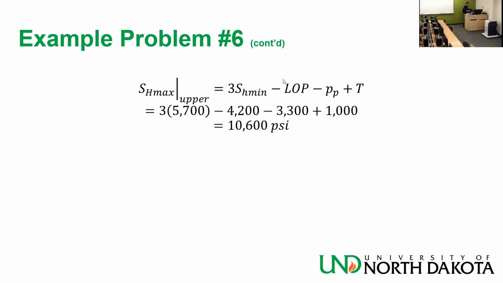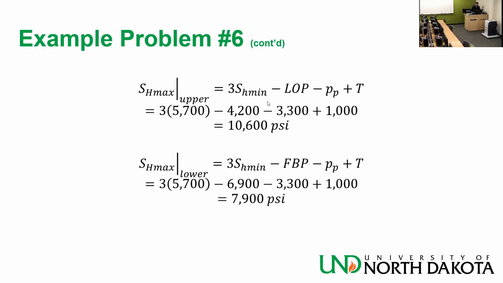And then I get the lower bound by using FBP for FIP, which is 7,900 psi. Again, quite a big range. SH max can be as low as less than 8,000 and bigger than 10,000, which is more than 20% difference.